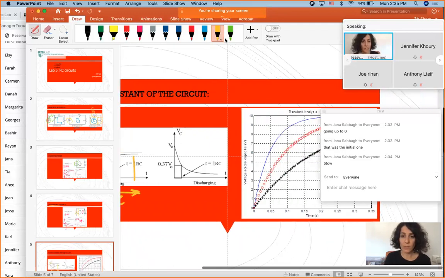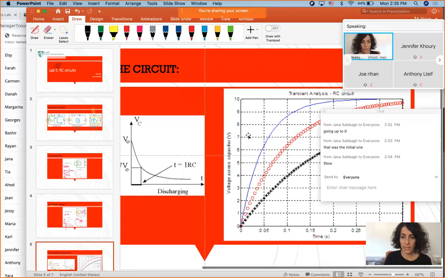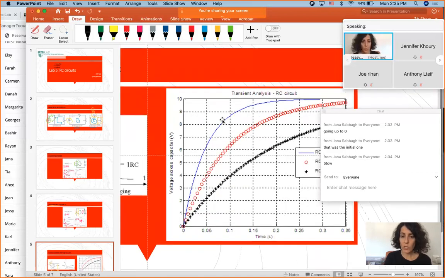I want to ask you something regarding, let me try to zoom in a bit, this circuit. Which graph, the blue, the red, and the black, has a bigger tau? Bigger tau is for which graph? The black one, exactly.